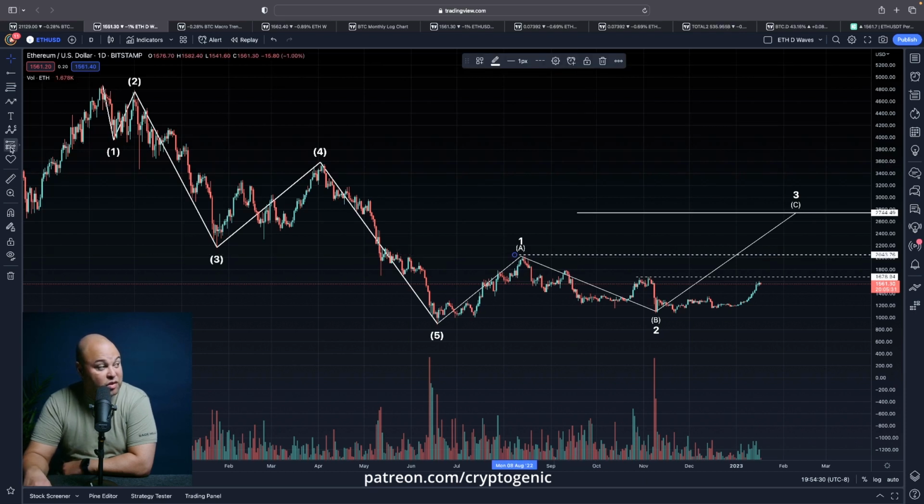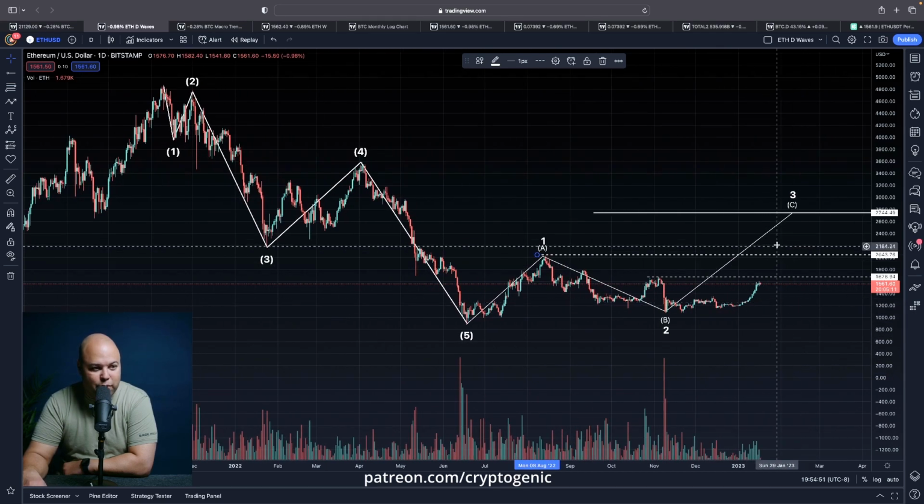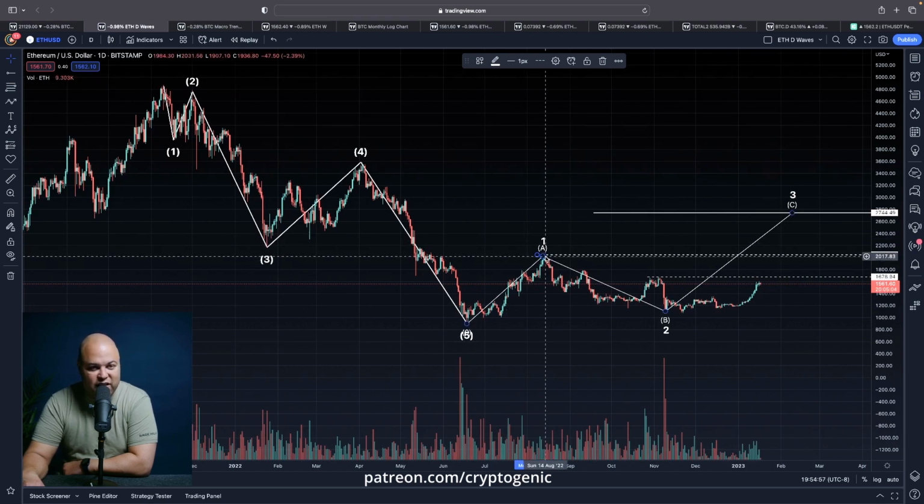Which means simply that if you're looking at this from the Elliott wave perspective, we've got to break this line. 2,000, we're going to break 2,000. If I've calculated this correctly from an Elliott wave perspective, we're not only breaking 1678, but we're breaking 2,000, which means we're forming a higher high and invalidating the downtrend.